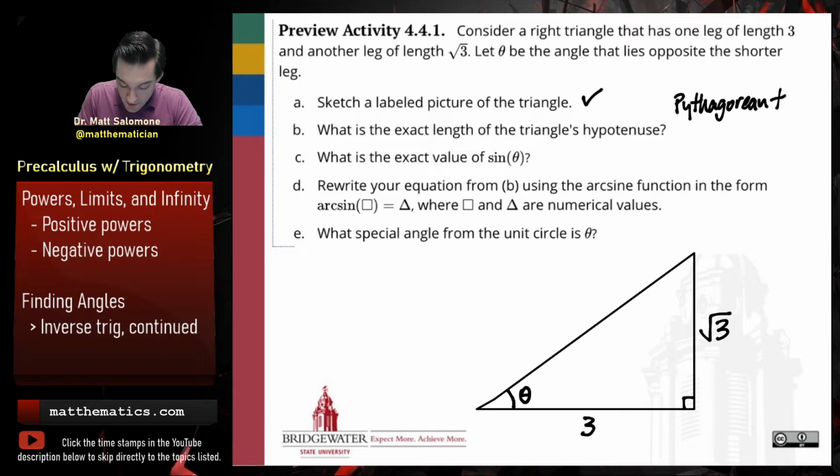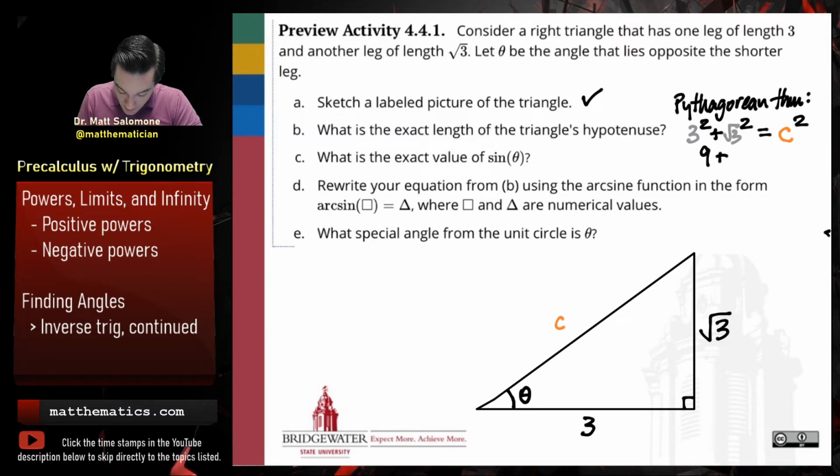According to the Pythagorean Theorem, if I call the hypotenuse C, then C squared, the square of the length of the hypotenuse of a right triangle, is equal to the sum of the squares of the lengths of the two legs. If I square the two legs, they are respectively 3 and the square root of 3, and add those squares together, I get C squared. 3 squared is 9.